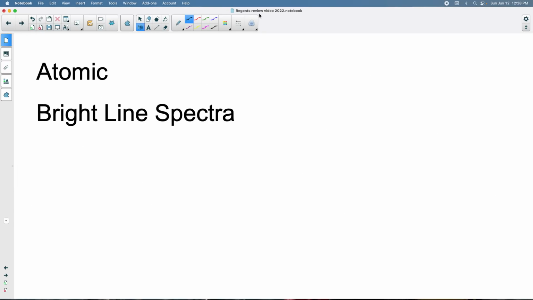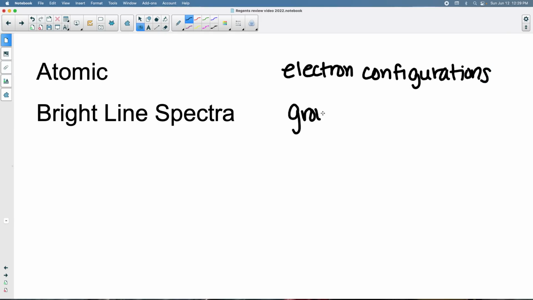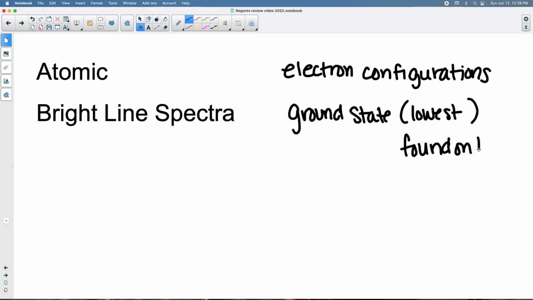Bright line spectrum, remember that we have 2 different types of electron configurations. We have ground state, which is the lowest energy state. The ground state is also found on the periodic table.